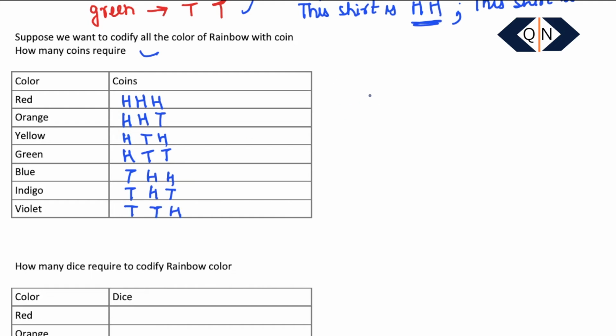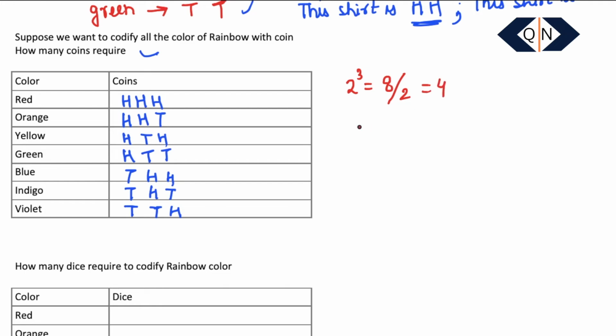There is a very easy way to write this without remembering. Just a short trick. Suppose there are three coins. So 2 to the power 3 is 8. We divide it by 2 and get 4.